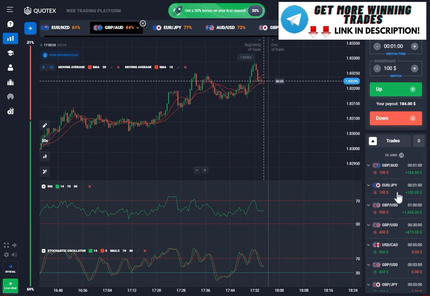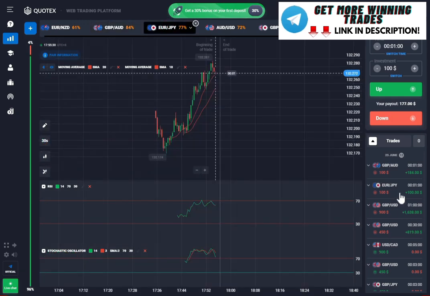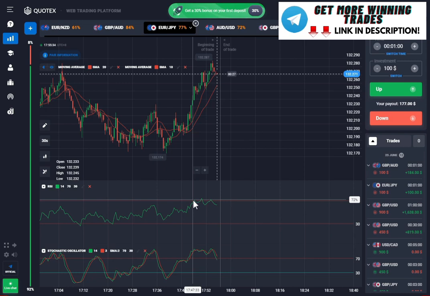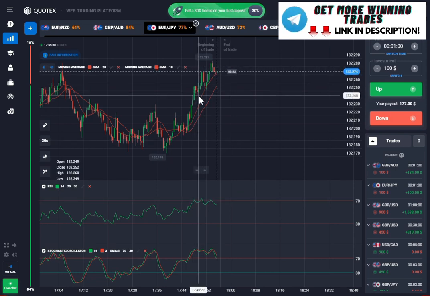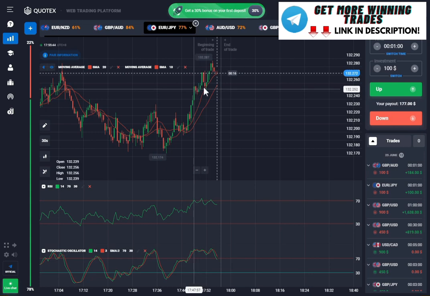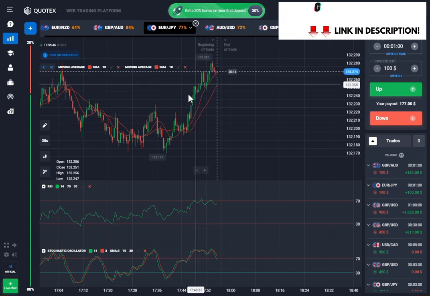But I would say even the Euro JPY setup earlier was over here. Let's say if I enter a touch here in this candle, thankfully I won, but you can see how strong the upwards movement is, the uptrend is. This retracement could and could not have happened.